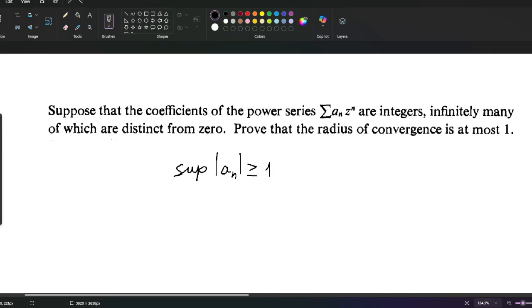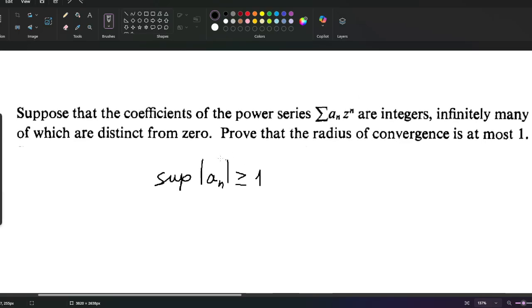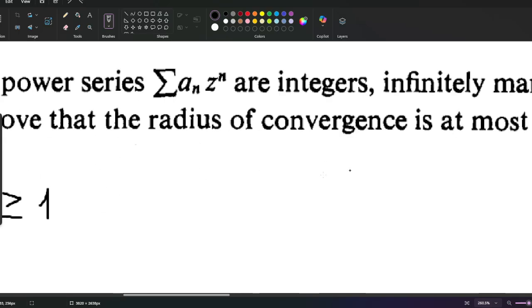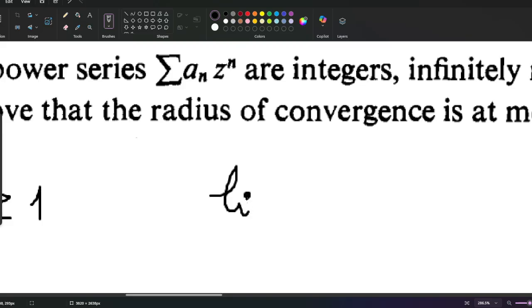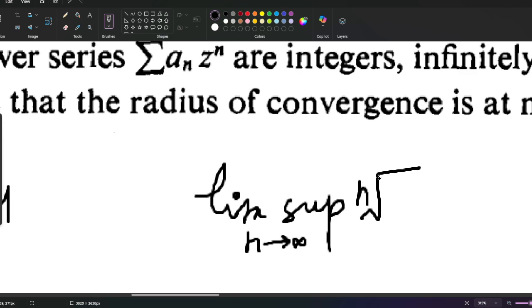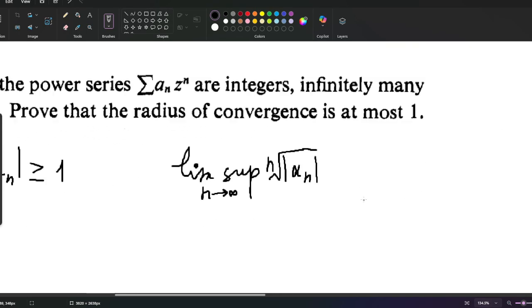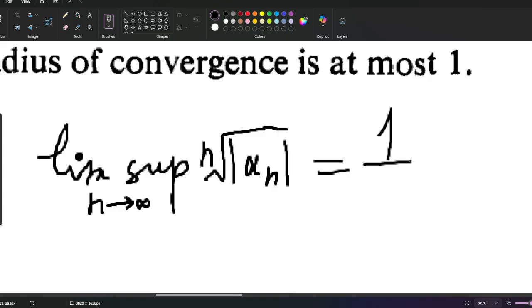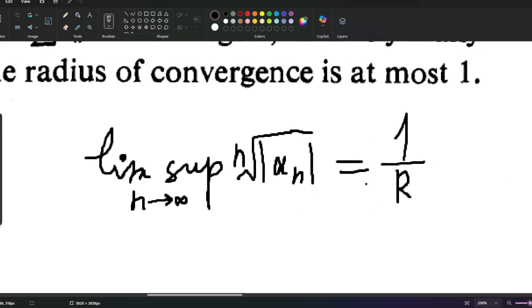Now let's investigate the convergence of the power series. Let's take the supremum limit, the upper limit, of the n-th root of the absolute value of a_n. That is going to be equal to the reciprocal of the radius of convergence.